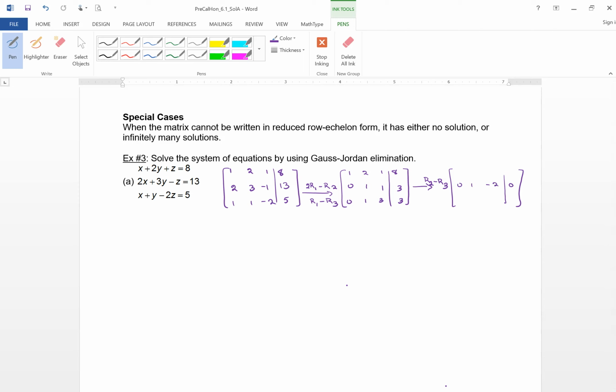Oh no, what did I do here? I made a mistake here. So here, I'd like to do row 2 minus row 3. So 0, 0, negative 2, 0.